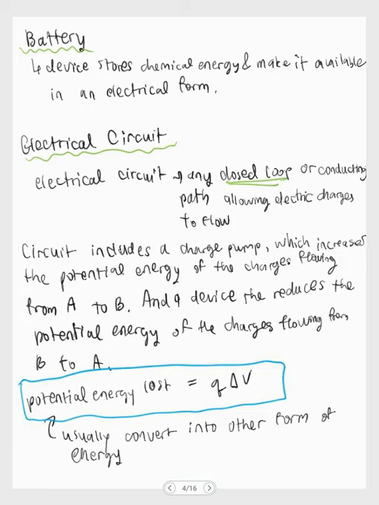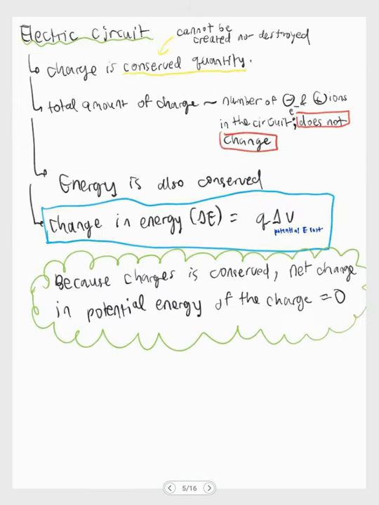In the electric circuit, as we know from the last chapter, charge is a conserved quantity, which just means that it cannot be created or destroyed. The total amount of charge, that is, the number of negative electrons and positive ions in the circuit, does not change, and energy is also a conserved quantity.